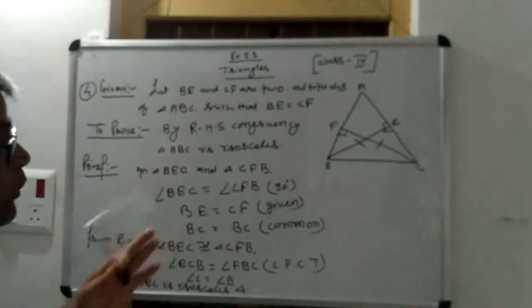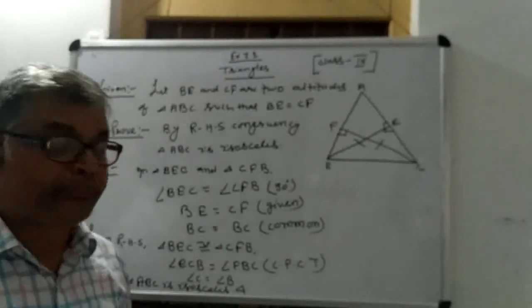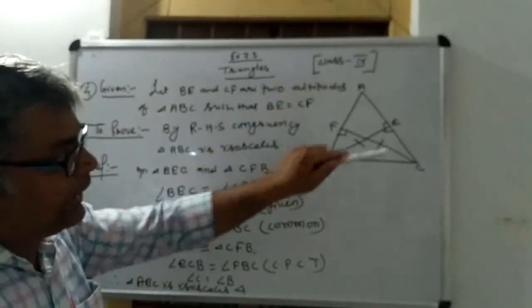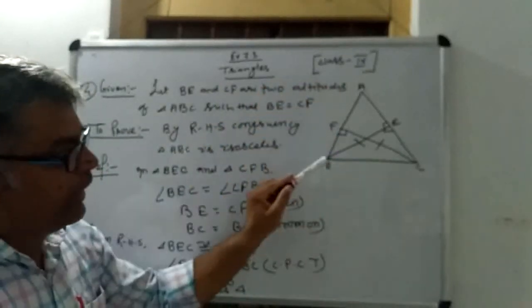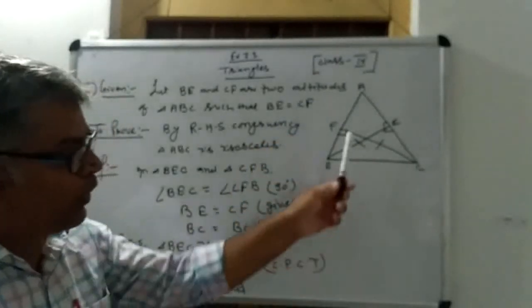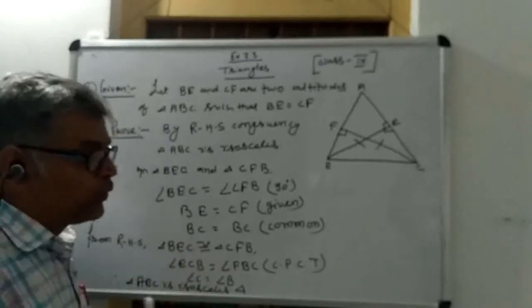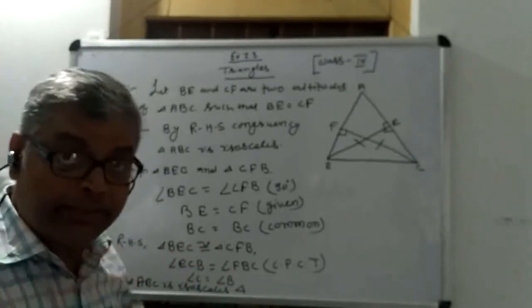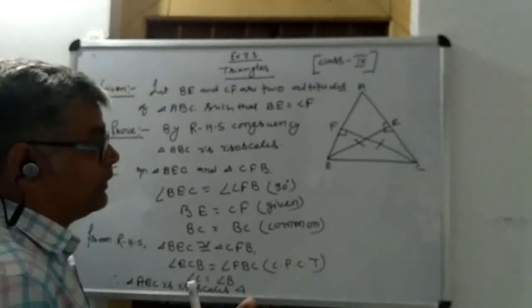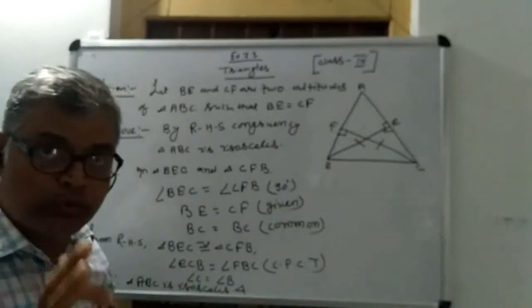So let's look once again at what the question is. Suppose in any triangle ABC, BE and CF are two altitudes of the triangle. Then you need to show by RHS congruency that this triangle ABC is an isosceles triangle.